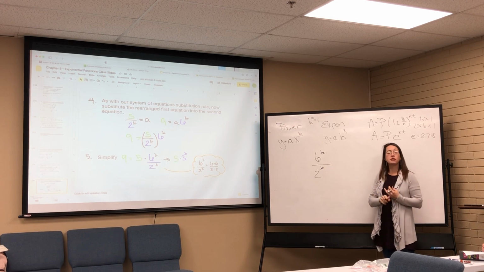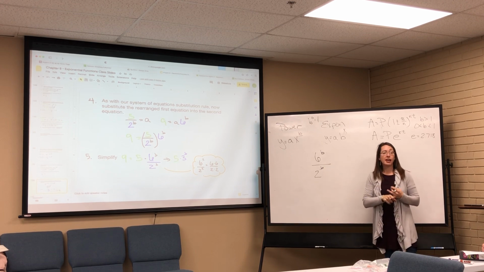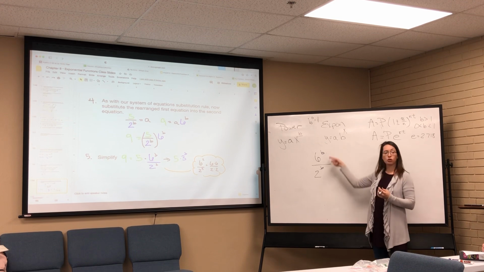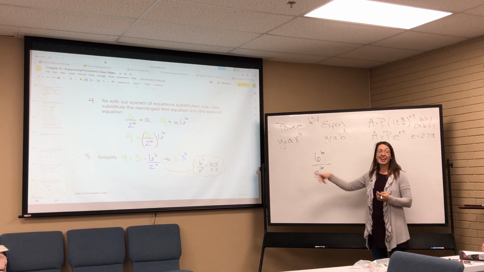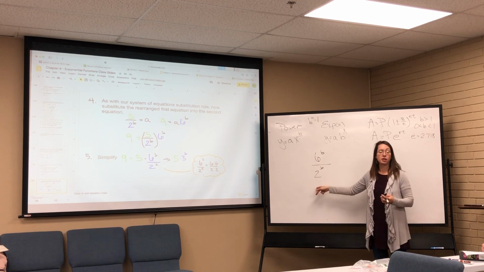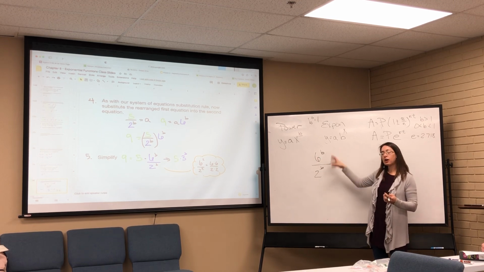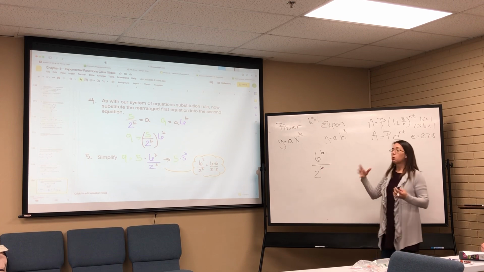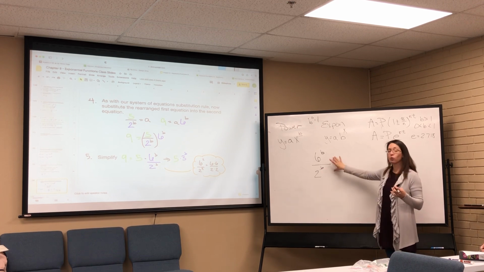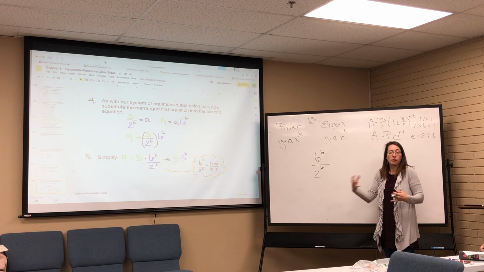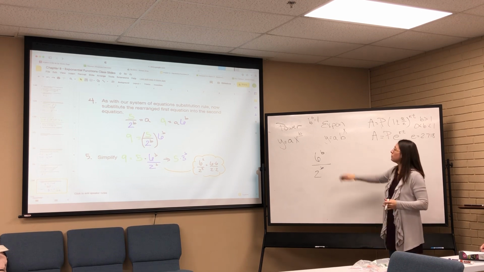Because we know how to simplify things if they have the same base, we would just subtract the exponents. But these don't have the same base. I can't even make them have the same base. So logically, how could I simplify this? Well, there is a rule for this, but I'm going to think through how do I actually get there. What does this really mean?